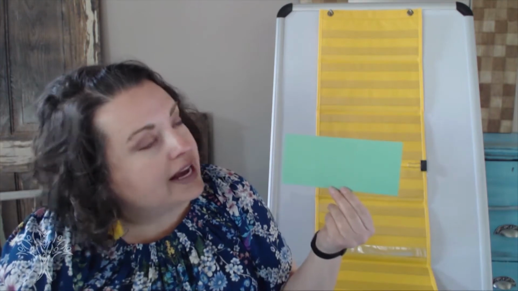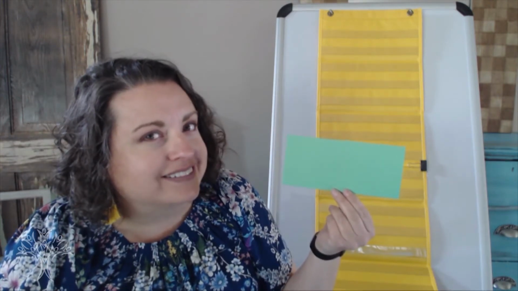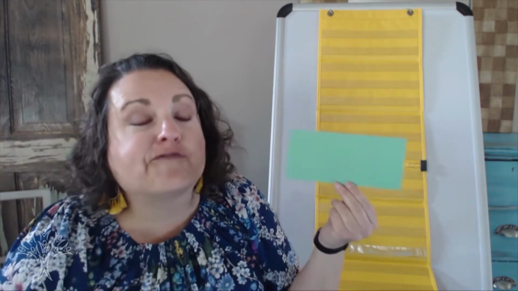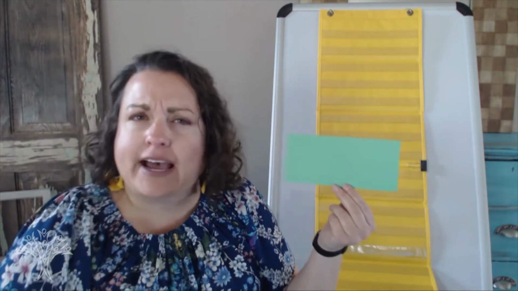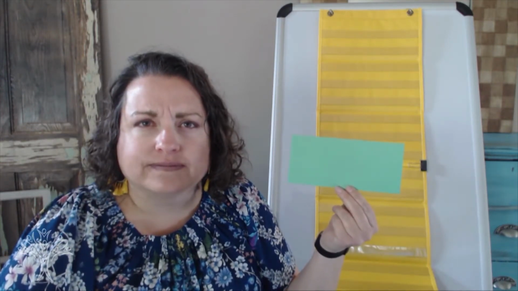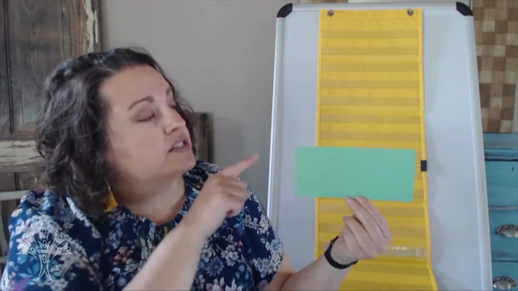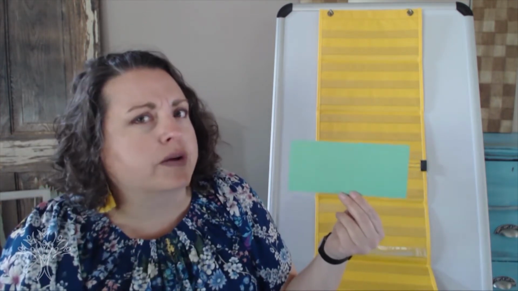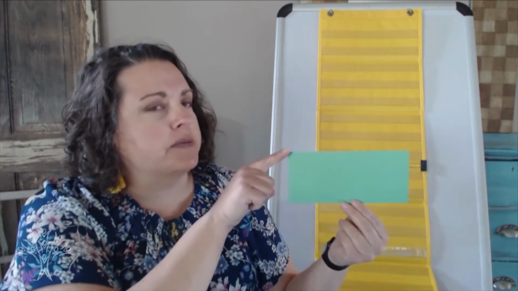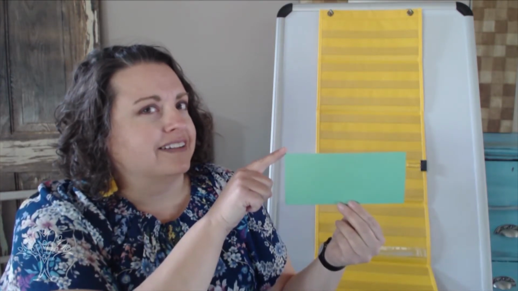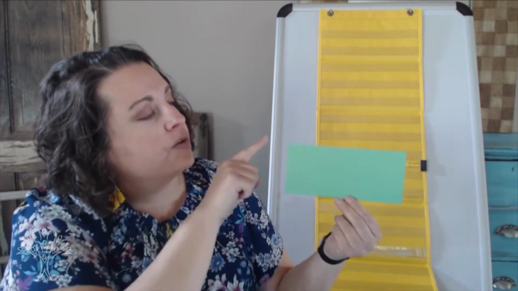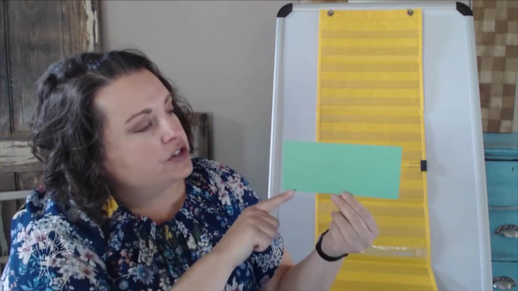Well, a rectangle has how many sides? That's right, 4 sides. And how many corners? Yes, a rectangle has 4 corners, or what was that word again? That special vocabulary word mathematicians use to describe a corner? Yes, vertices. A rectangle has 4 vertices. 1, 2, 3, 4, and 4 sides.